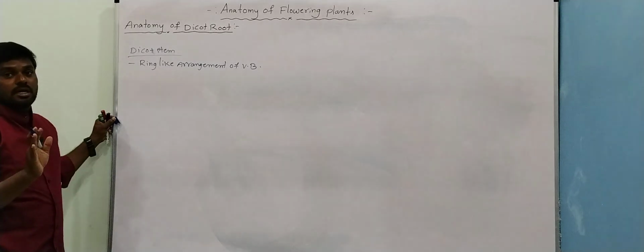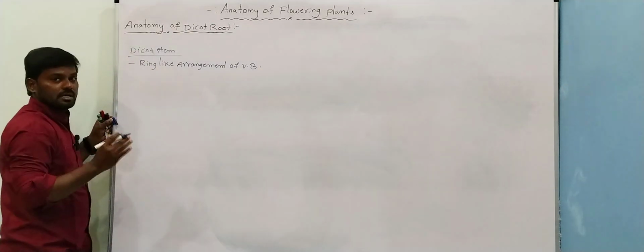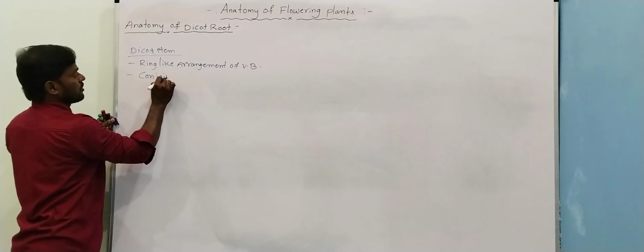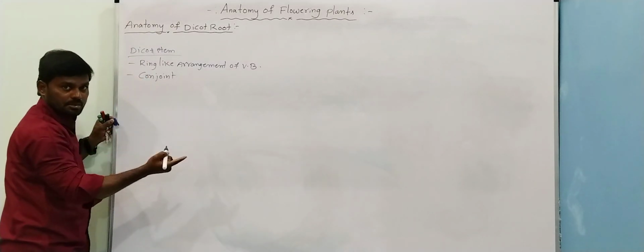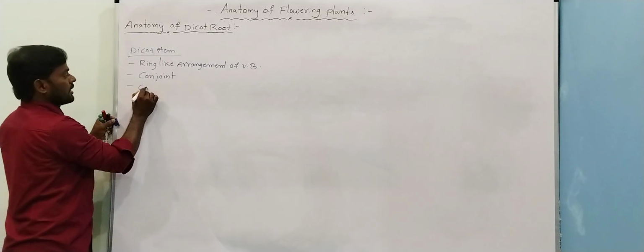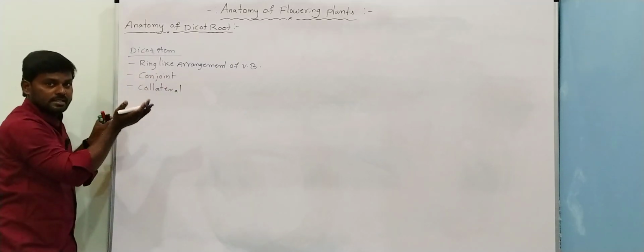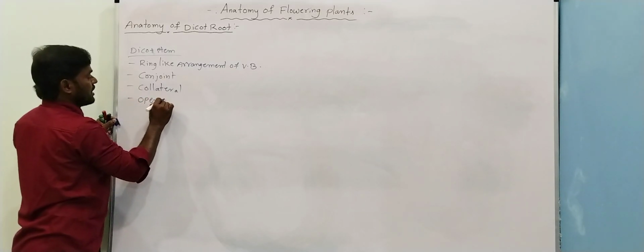So these are the major characters in case of the dicot stem. The next character of the vascular bundles is conjoint. Conjoint means the xylem and phloem are arranged on the same radius, and collateral. Collateral means phloem towards the outside, xylem towards the inner side, and open vascular bundle.